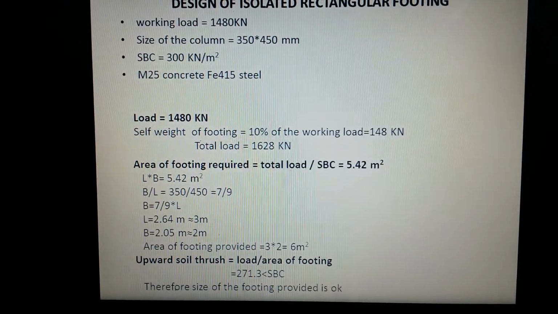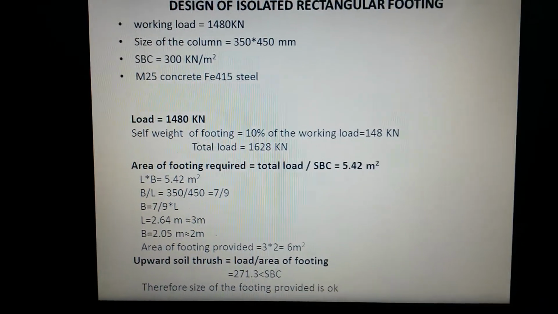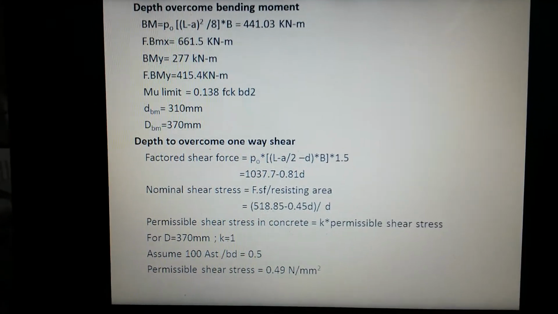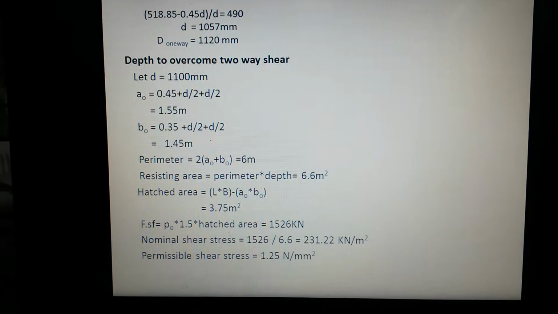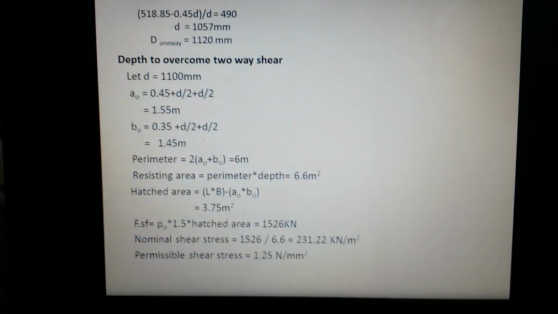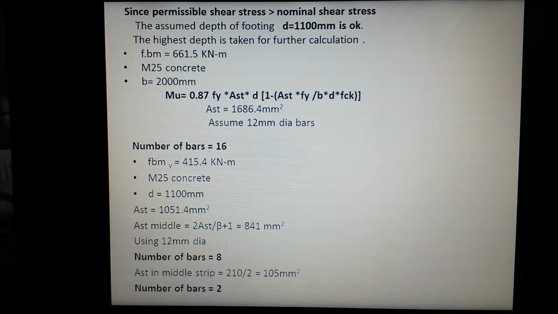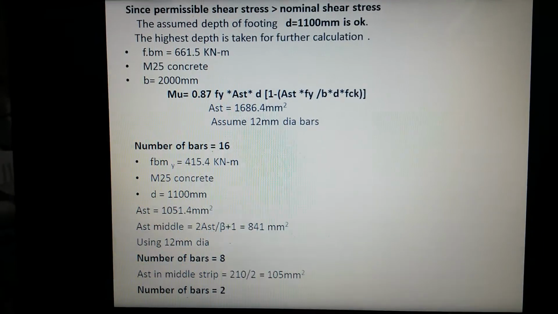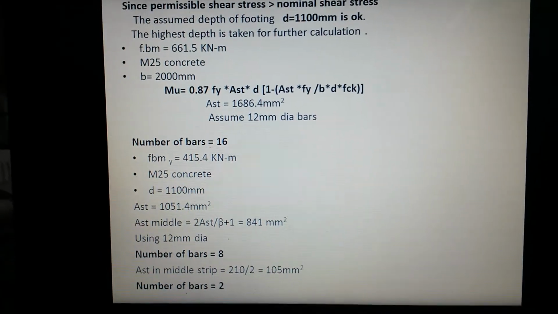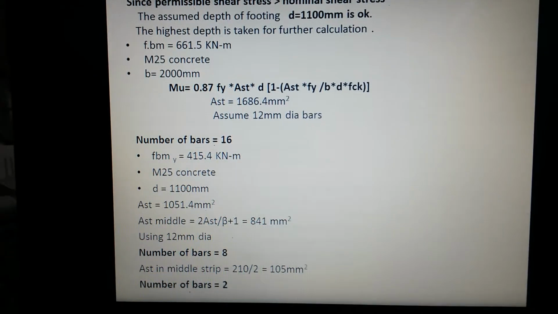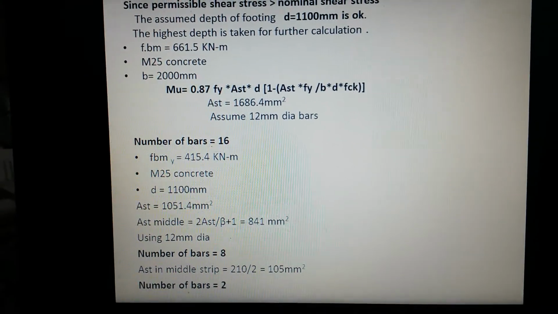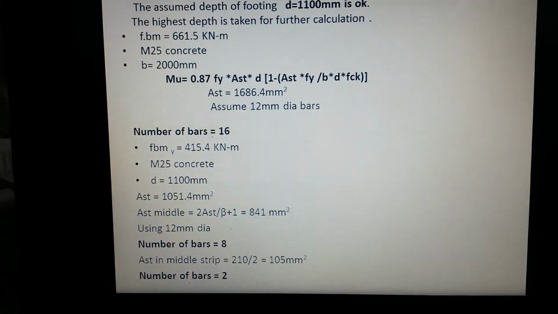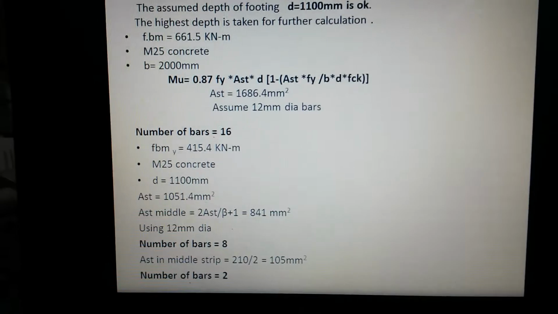The loads coming to the footing are calculated, and the depth of the foundation to overcome the bending moment, the one-way shear and the two-way shear is calculated separately, and the maximum depth of these three types is taken as the depth of the footing. It is 1100 mm. For the maximum bending moment, the area of steel required is calculated, and from this the diameter of the bars is assumed and the spacing and the number of bars is calculated.